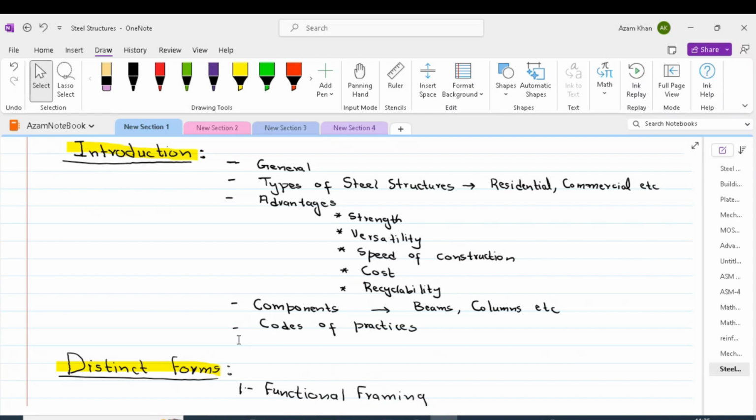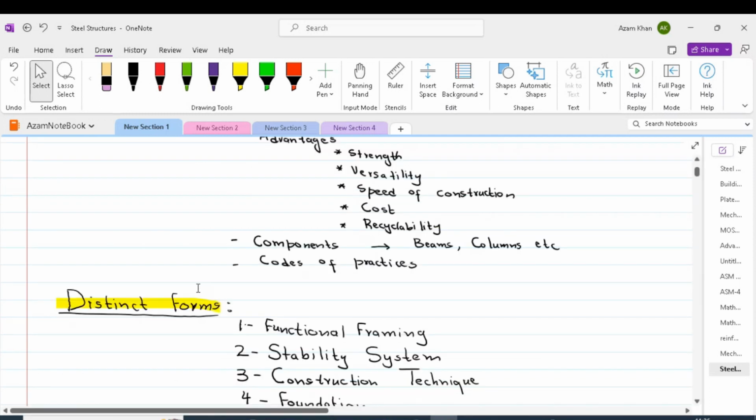In this course, we will mainly focus on the AISC LRFD code of practice. AISC LRFD is a widely used design method and specification for the design of steel structures. The LRFD method incorporates load and resistance factors to ensure a level of safety and reliability in the structure design.